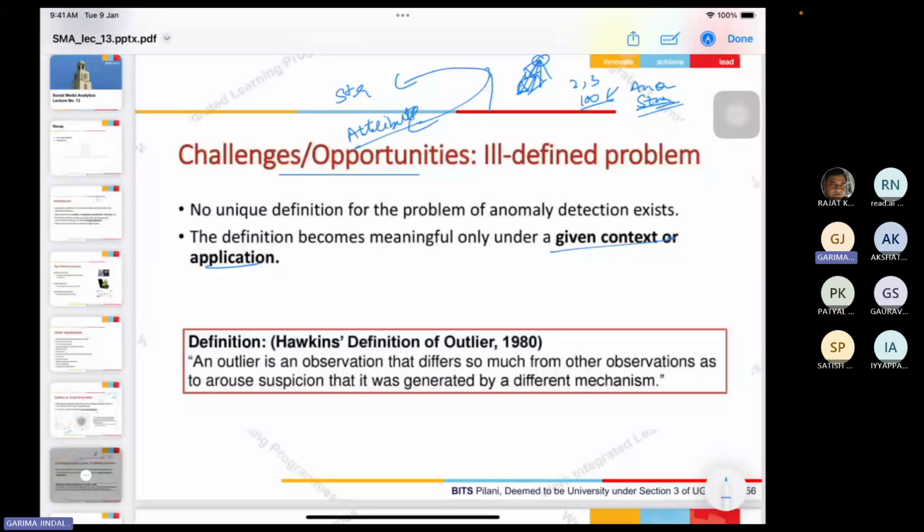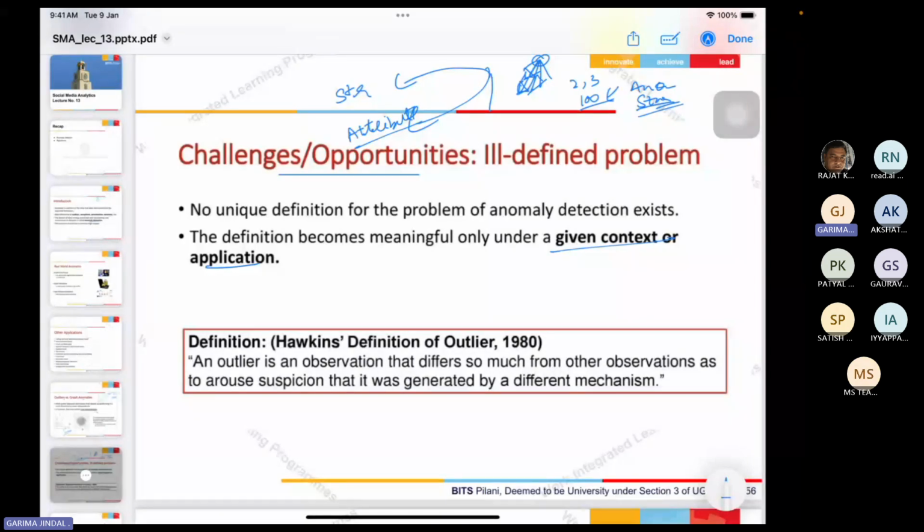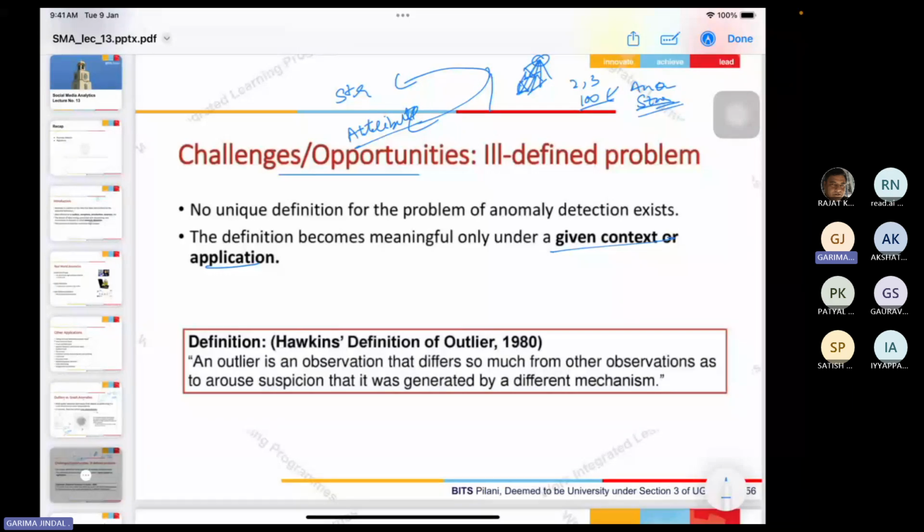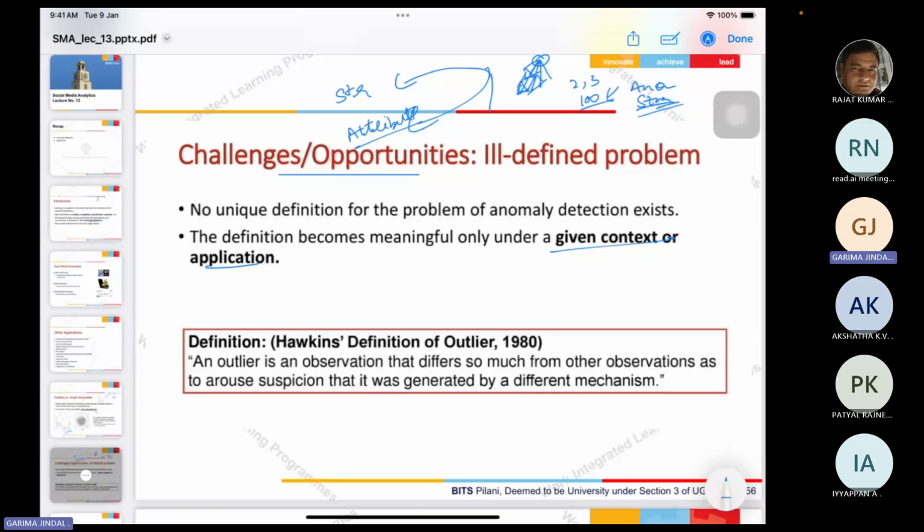There is no unique definition in which I can define that this is anomalous. But based on the context and the application, we can have different anomaly detection algorithms. This gives you the liberty of a huge amount of research in this area. You can have your own definition of anomaly, and then you can detect the anomaly in the data set based on that definition.